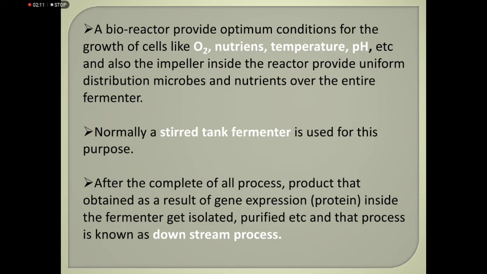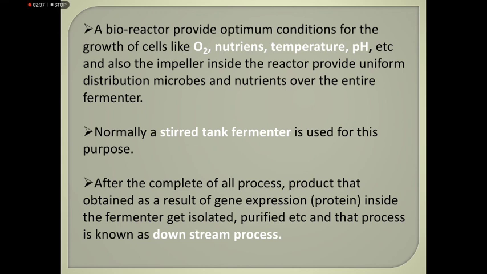Normally a stirred tank fermenter is used for this purpose. Stirring means just stirring all the content for uniform distribution. That stirring mechanism is controlled by a motor. After the completion of all the processes, the product obtained as a result of gene expression is protein.